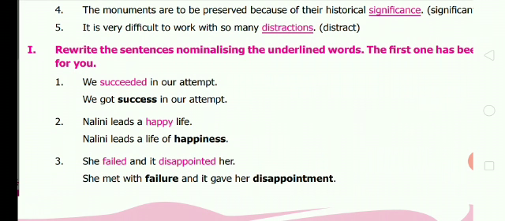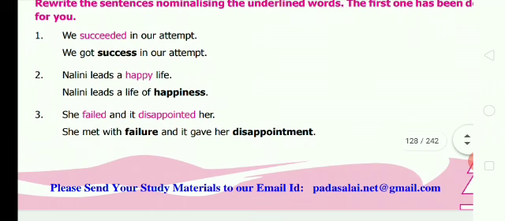Second one. Nalini leads a happy life. Nalini leads a life of happiness. Happy is adjective. Happiness is noun. Third one, she failed and it disappointed her. So, failed is verb. Failure is noun. Disappointed is verb. Disappointment is noun.